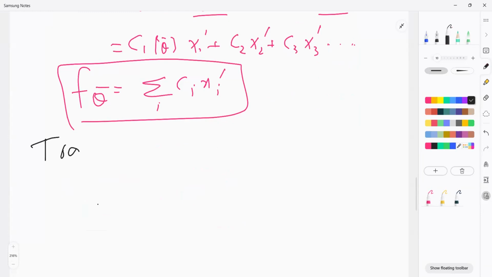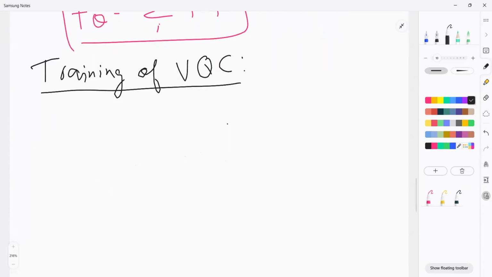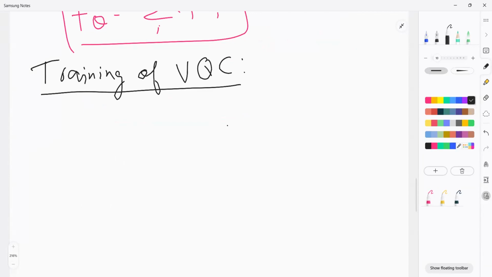Now let's go to the training of the variational quantum classifier or any variational circuit. So in the variational circuit, again, just to recall, we have a setup like this.